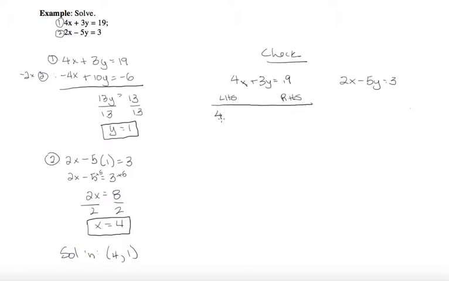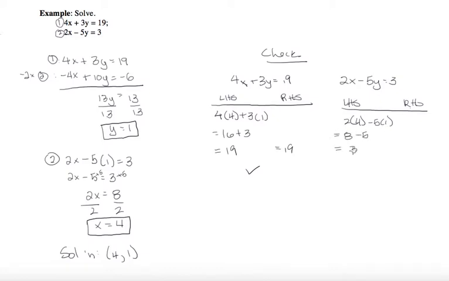This left-hand side is 4 times 4 plus 3 times 1, and that's 16 plus 3, which equals 19, and this equals 19, so that one works. And then over here, we've got 2 times 4, minus 5 times 1 equals 8 minus 5, which equals 3, and this equals 3 also, so that's right.